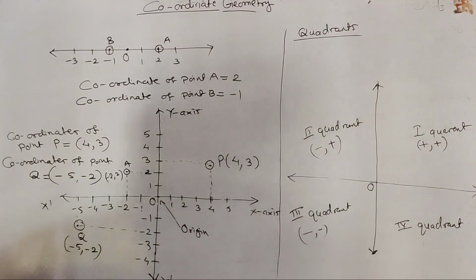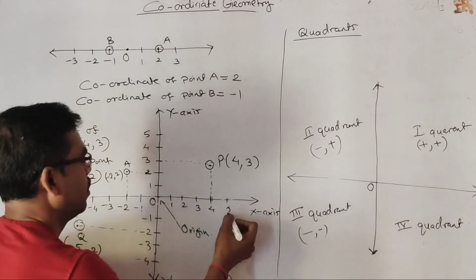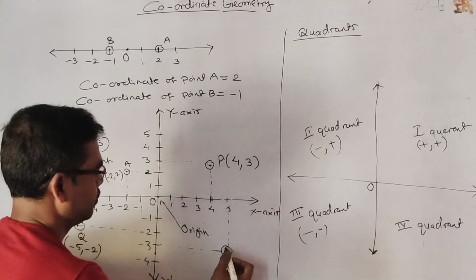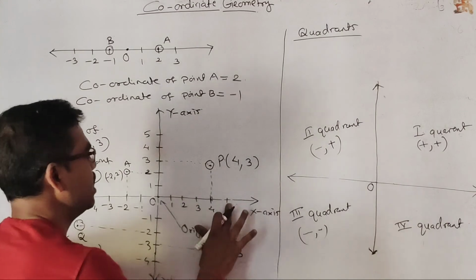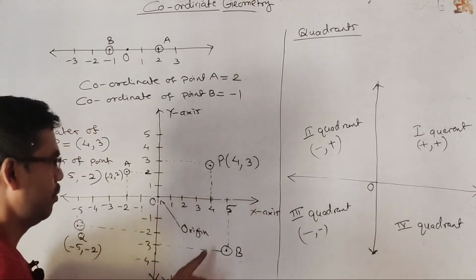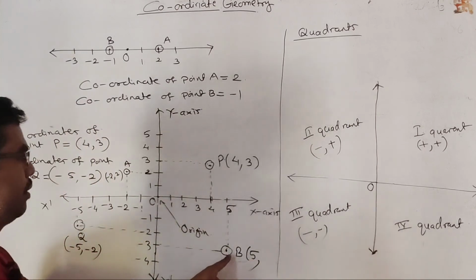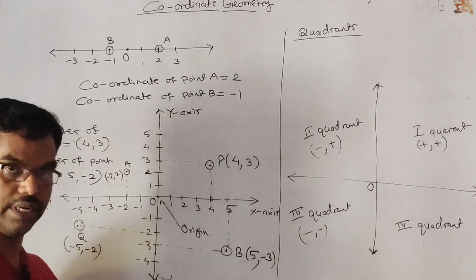And in fourth quadrant, suppose this is a point B. What are the coordinates of this point? First of all we write x, that is plus 5, and then we write minus 3, that is y coordinate.